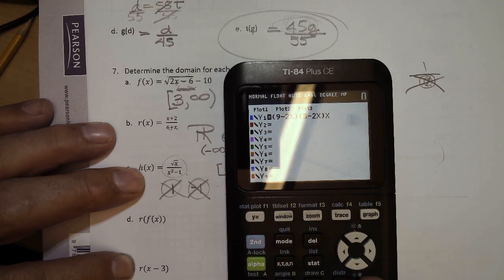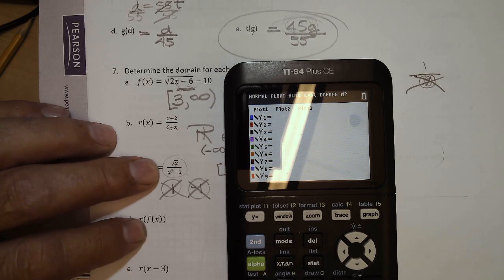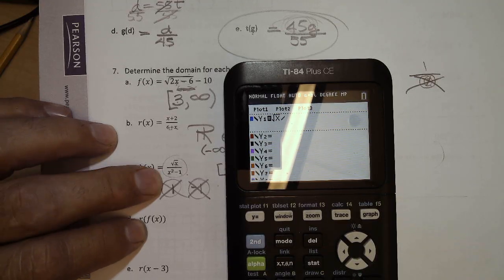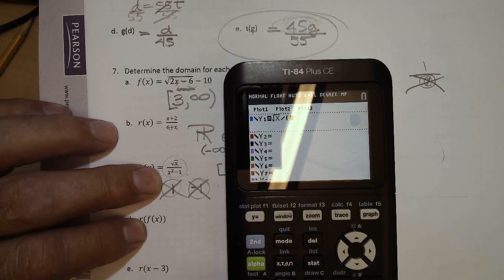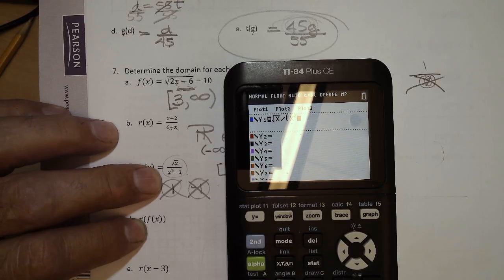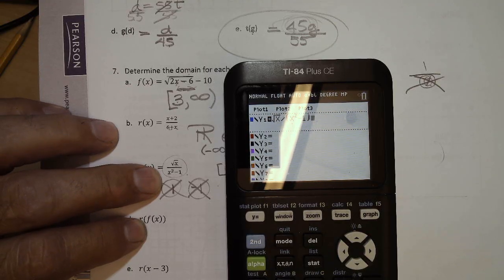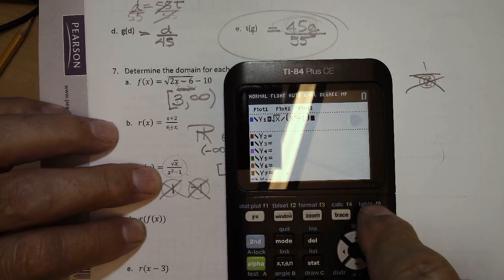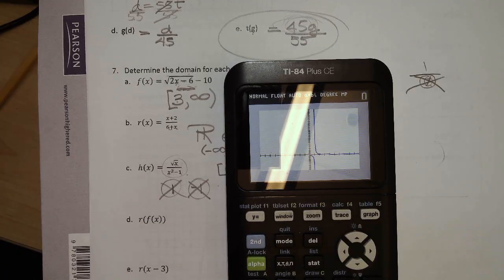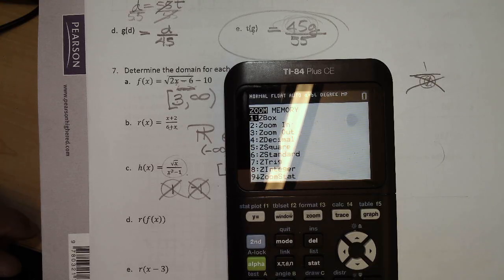I'll clear this and type in the square root of x, come out of the square root, divided by, and I better put this in parentheses because it's divided by all of it, x squared minus 1, close parenthesis. And if I push graph, do you see how, let's go to Zoom 6.